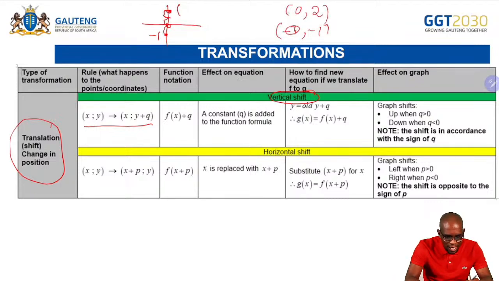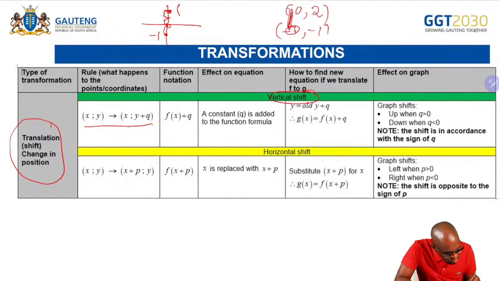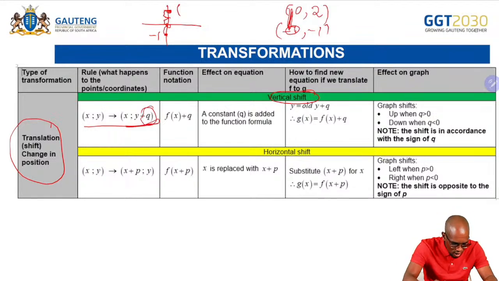If you check, nothing happened to the x value, only the y value changed. That is why here on y we add q, because only the y value changed.